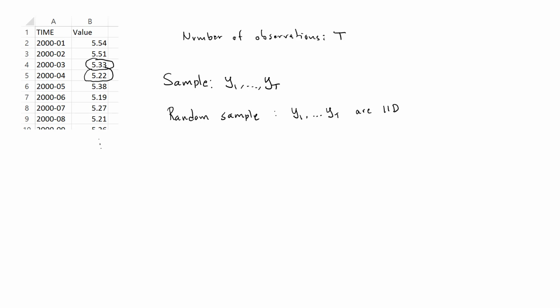Independent means that they are completely unrelated, nothing to do with each other, and the information about the outcome of this one will not help us in any way to predict the outcome of that one. For this particular data for interest rates, that is definitely not satisfied.